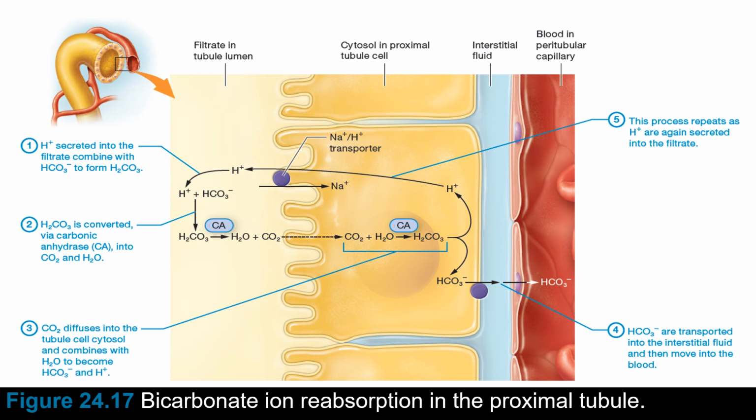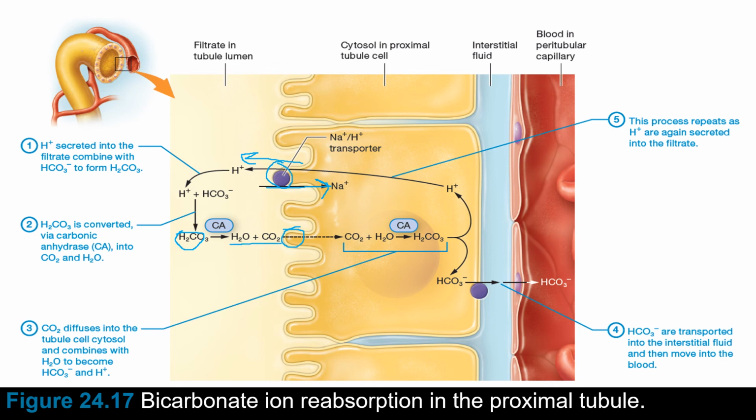As you can see, this whole process is going to start here with this sodium-hydrogen antiporter. As it pulls sodium in and pushes hydrogen out, this hydrogen that gets pushed out is going to combine with some free-floating bicarbonate ions, and it forms carbonic acid. This carbonic acid is going to be converted on the apical membrane of these tubular cells into water and CO2, carbon dioxide.